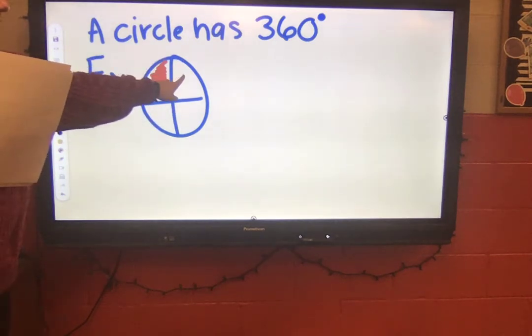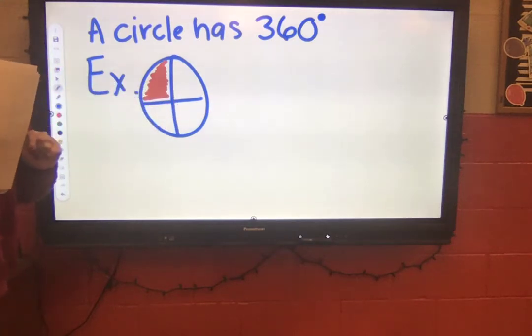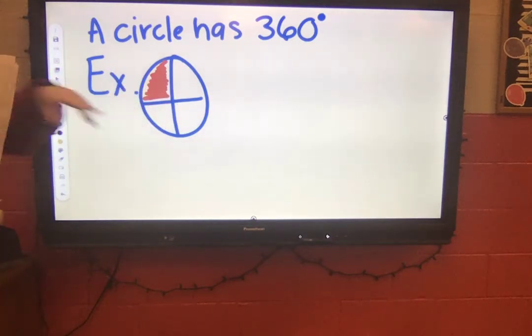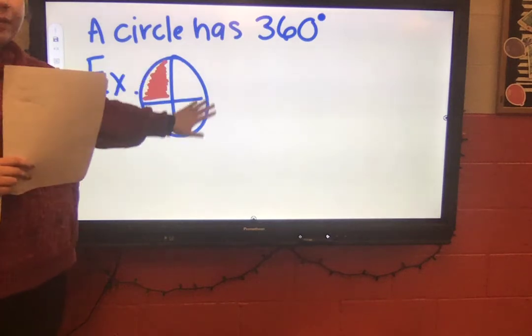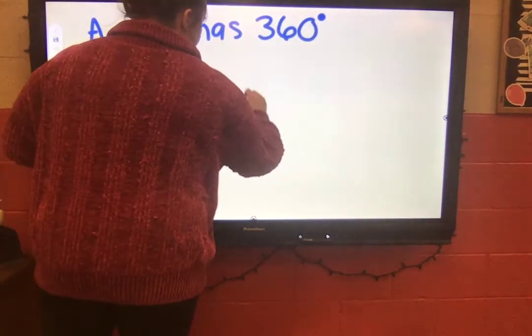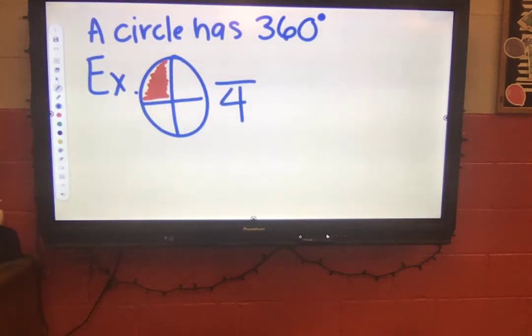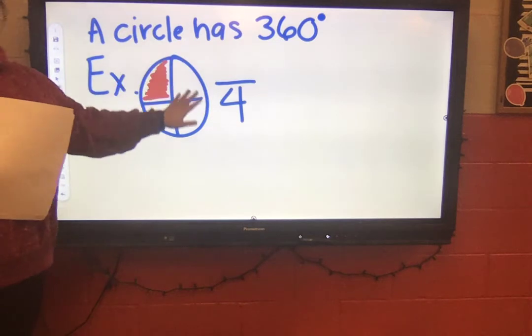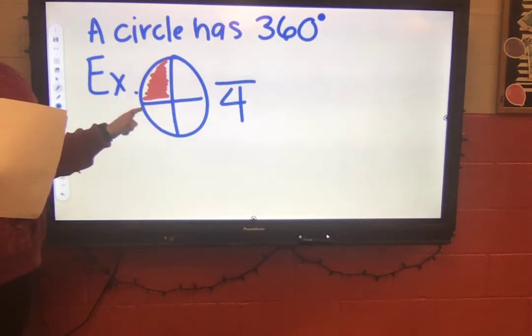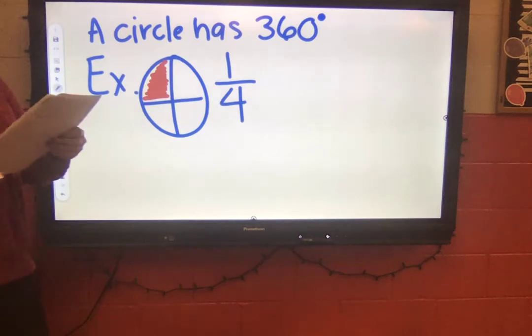It has our 4 pieces, or our 4 slices. 1, 2, 3, 4. So if we're going to write this as a fraction, we take our whole number of pieces, which is 4. And on top, our numerator is going to be how many pieces are colored in. So how many pieces do we have colored in here? 1.